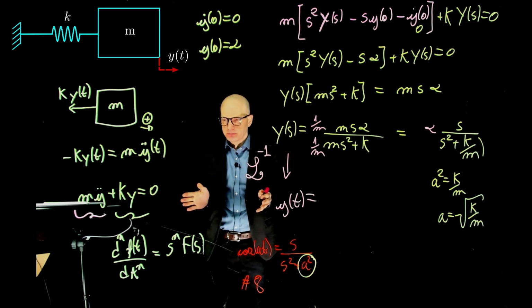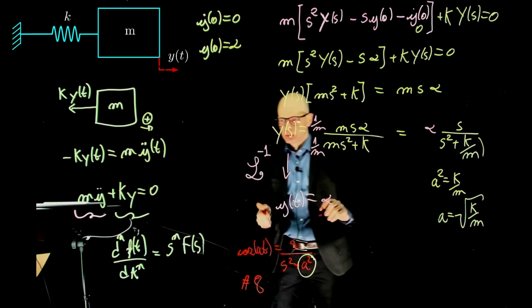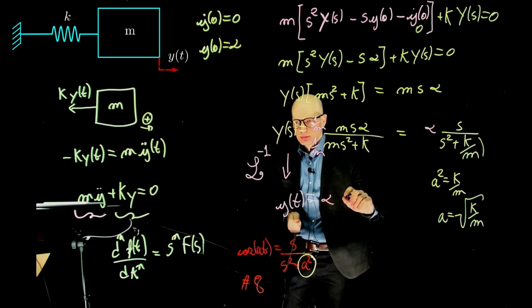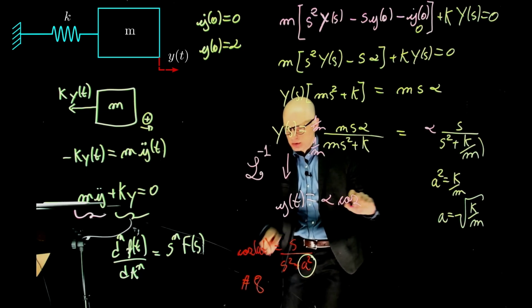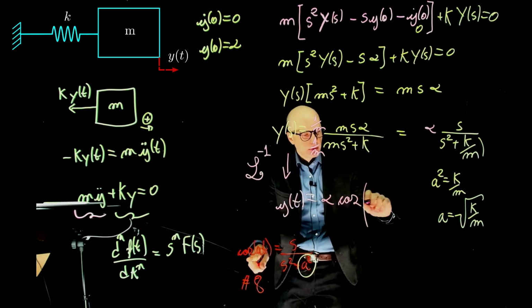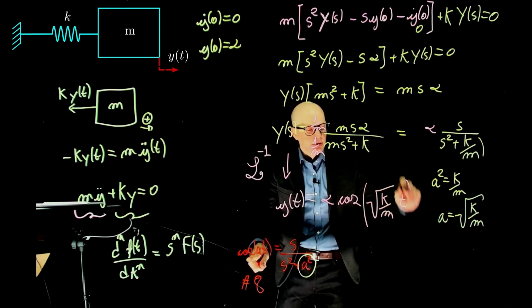Anybody? Alpha cosine of root k over m times t. Yeah, cosine of root of k over m times t.